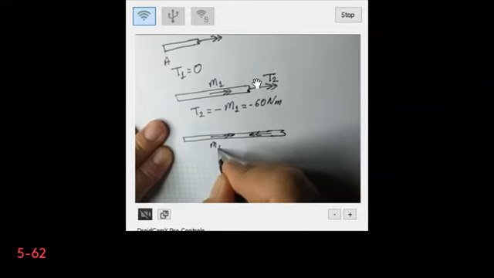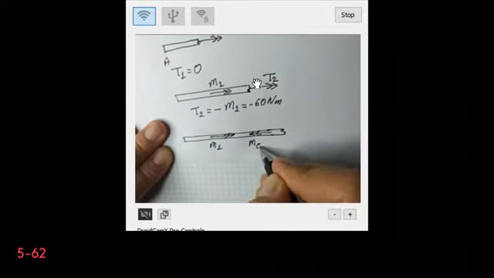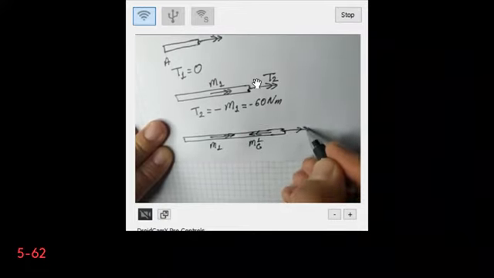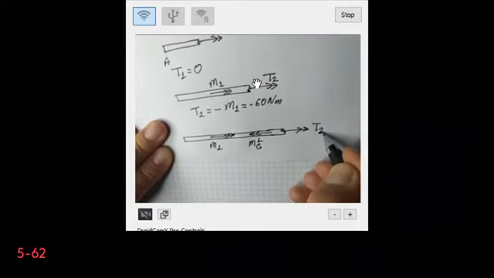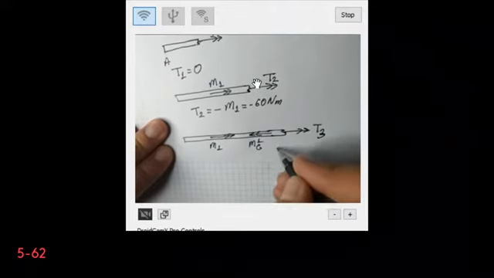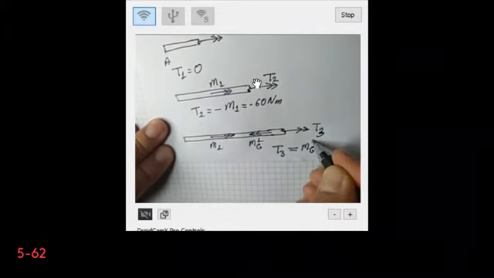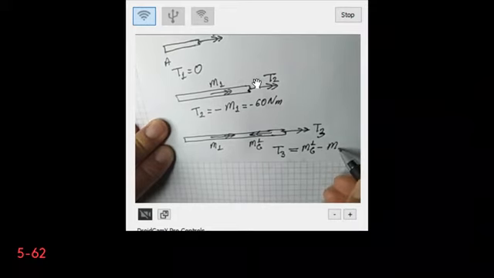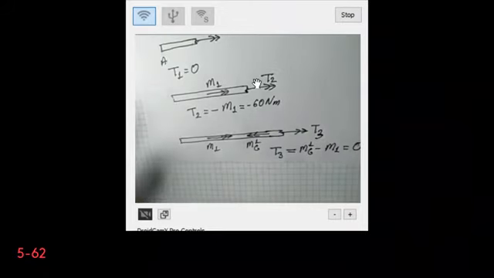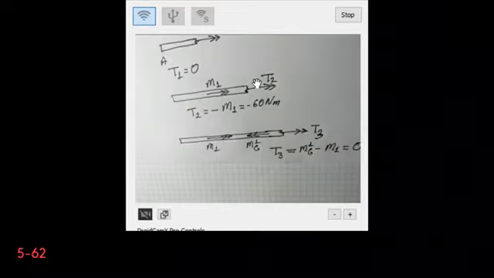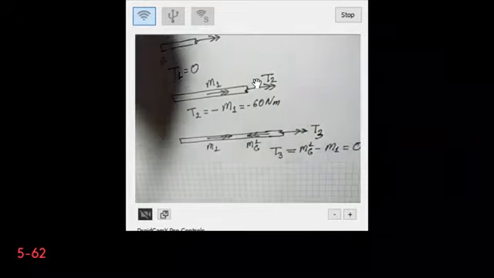So this is M1, this is mg1. I have my third internal torque, so T3 is equal to mg1 minus M1, and that's equal to 0. Now I have my torques. I can draw the diagram for the first shaft.